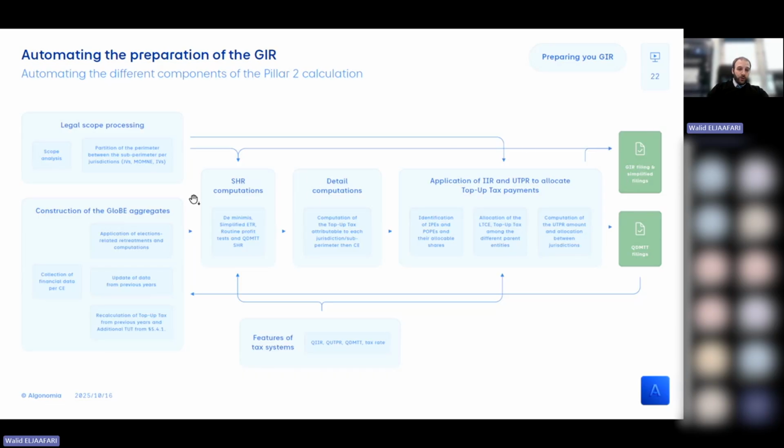We also, of course, run the safe harbor computation and the detailed top-up tax computation based on the adjustments that you have gathered. We also run all of the charging provisions and the UTPR computation, so that in the end, you're able to generate your Globe Information Return filing. And if you also want to run the QDMTT computations in our software, it is possible to configure it to do so.